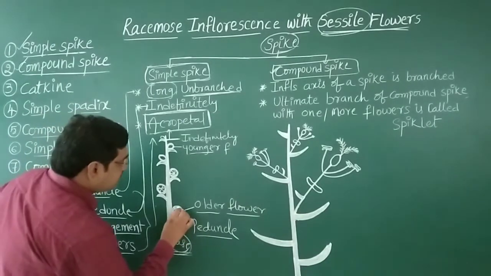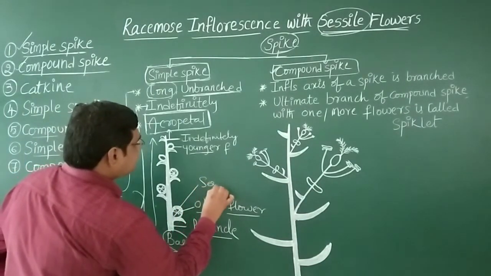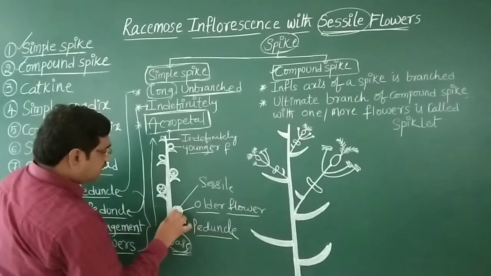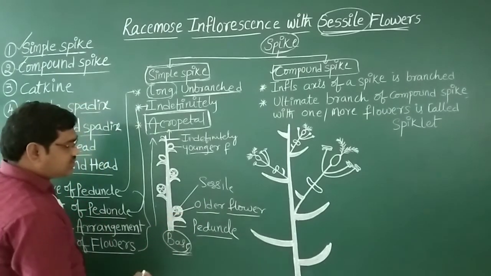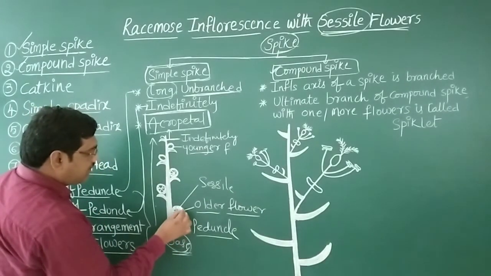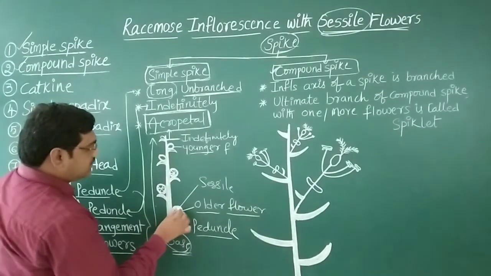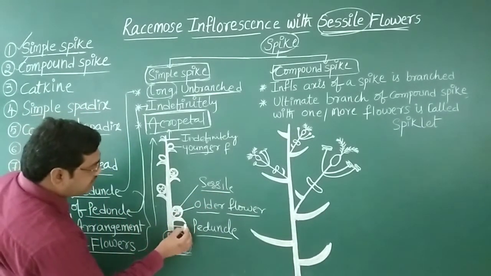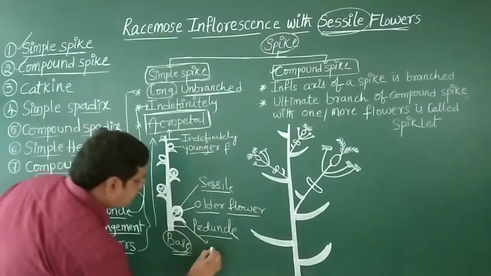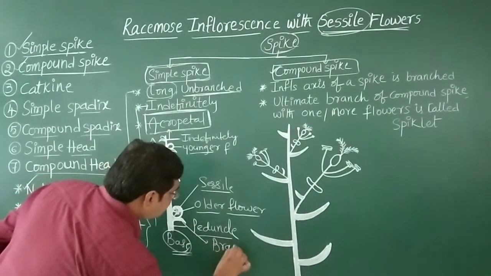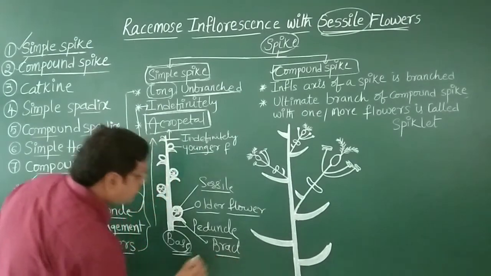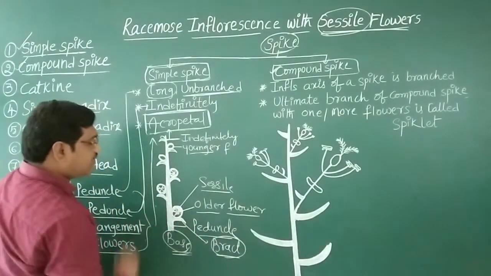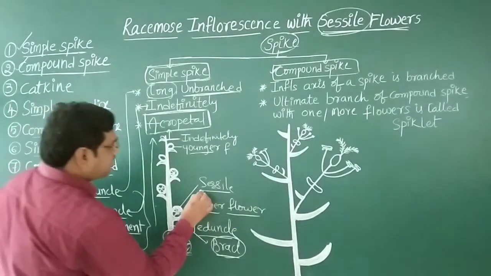That's why these flowers are called sessile flowers. The flowers are directly attached to the peduncle. These flowers have a small leaf-like structure called a bract, so they are called bracteate flowers. These flowers are bracteate and sessile.